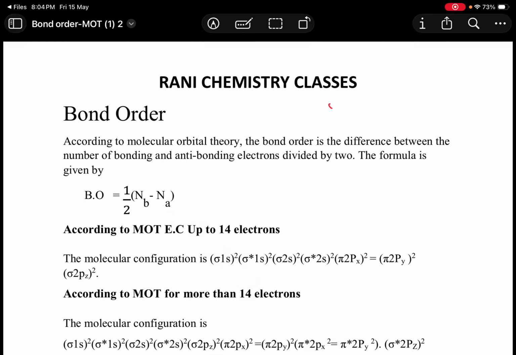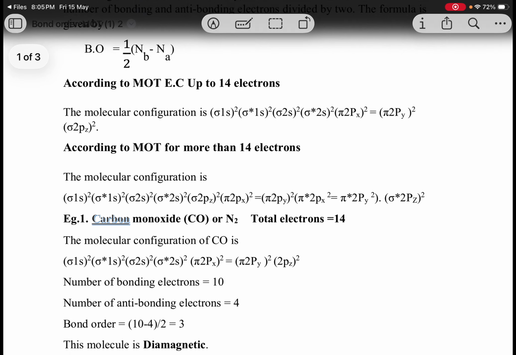According to molecular orbital theory, the electronic configuration up to 14 electrons is sigma 1s2, sigma star 1s2, sigma 2s2, sigma star 2s2, pi 2px2, pi 2py2. These two are degenerate orbitals. Next, sigma 2pz2.